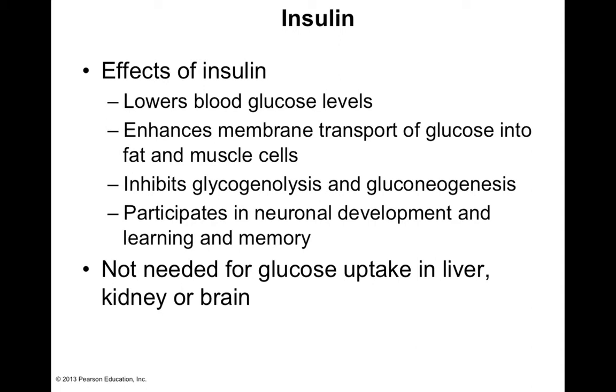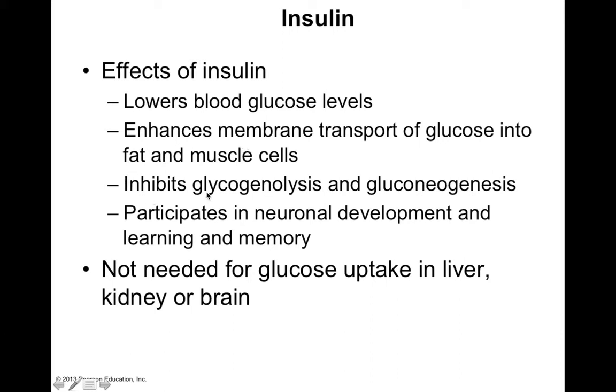So the effects of insulin are actually opposite to that of glucagon. Insulin is a hormone that lowers blood glucose levels, whereas glucagon increases blood glucose levels. Now, the way that insulin lowers blood glucose levels is that it enhances the membrane transport of glucose into fat cells and muscle cells around your body.